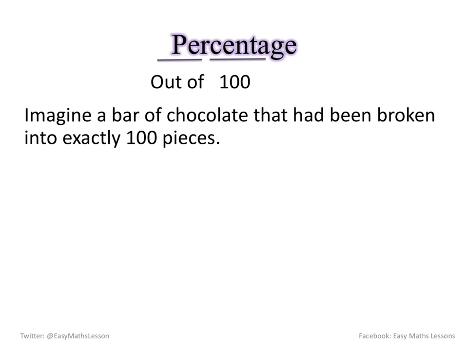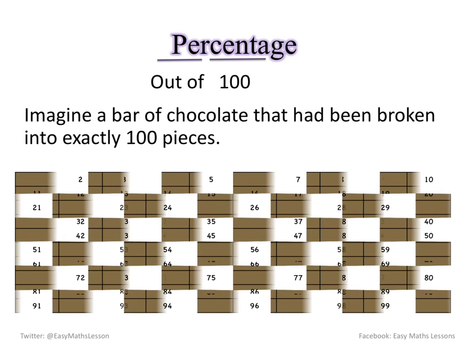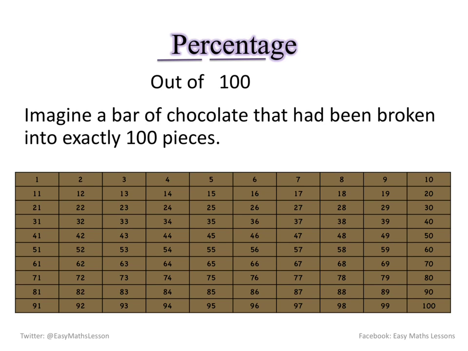Let's look at this question. It says, imagine a bar of chocolate that had been broken into exactly 100 pieces. Now remember, percentage is out of 100, and therefore I'm breaking this chocolate bar up in 100 pieces. And there we go. Big old chocolate bar, 100 pieces.